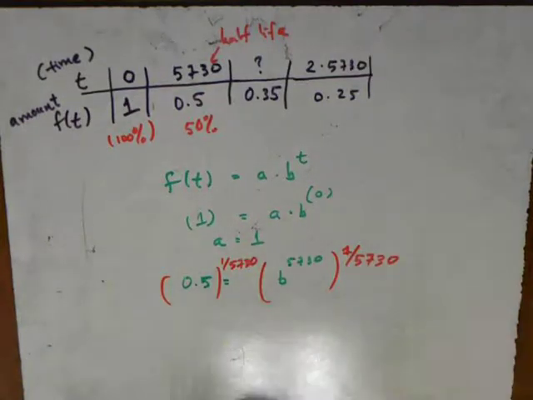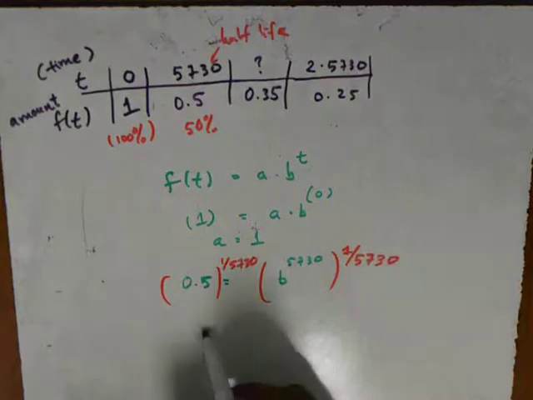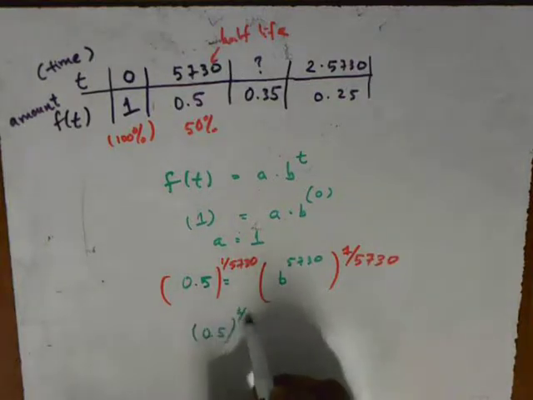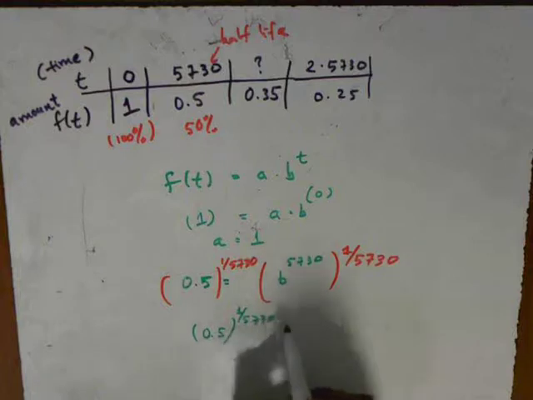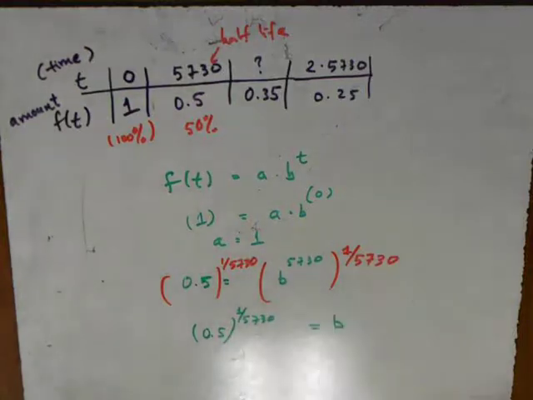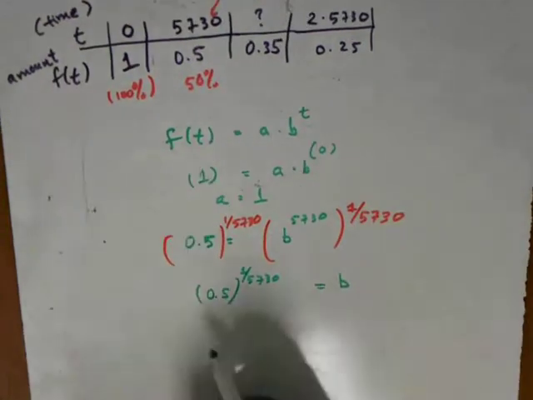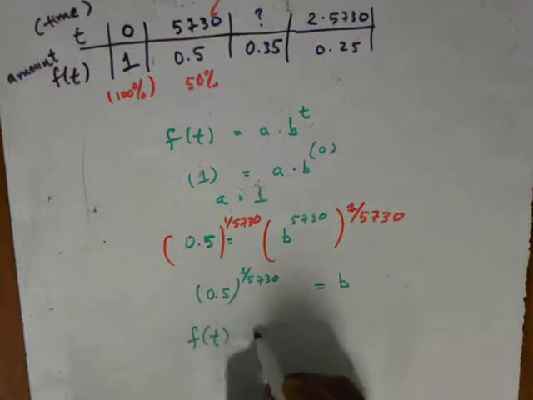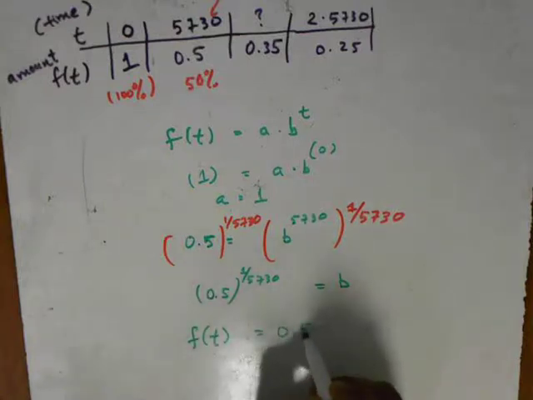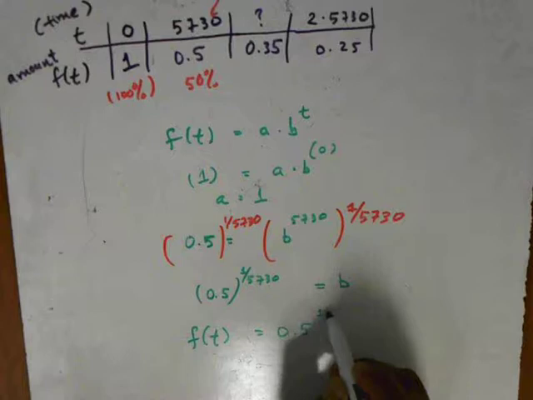The results are not going to be pretty, but it'll work. 0.5 to the 1 over 5730 equals b.